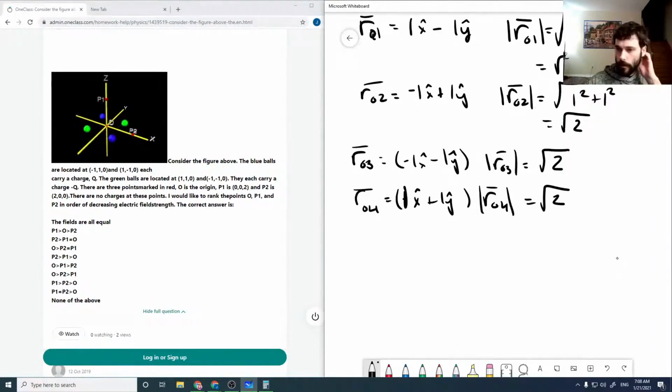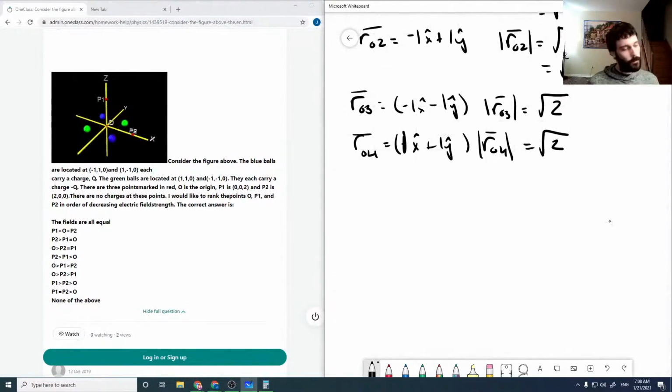Okay, so then using our expression for our total E field, which was Q over 4 pi epsilon naught, we can sub in our values here.